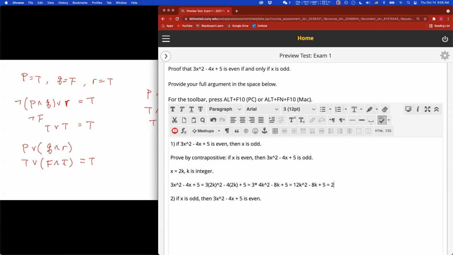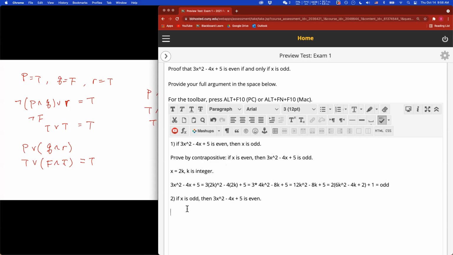You can write it as 2 times (6k squared minus 4k plus 2) plus 1, since 5 is 2 times 2 plus 1. So you can write it as 2 times something plus 1, and this is odd. So we show that if x is even, then 3x squared minus 4x plus 5 is odd.